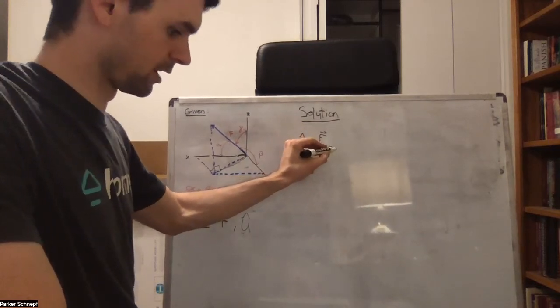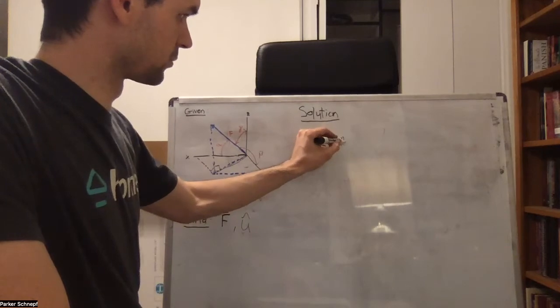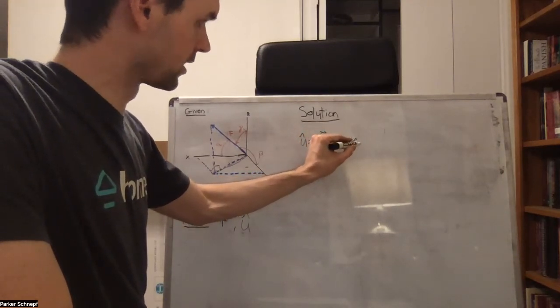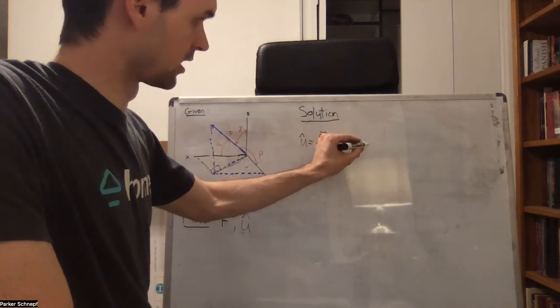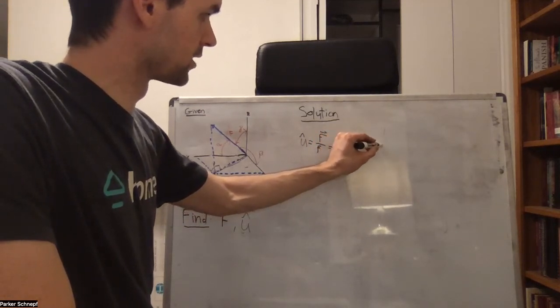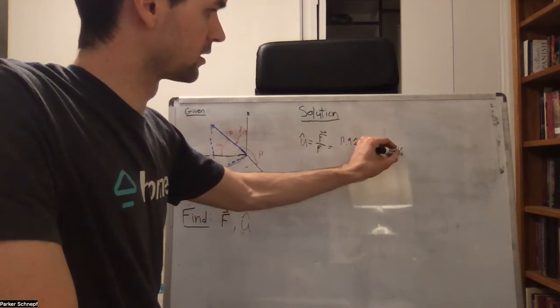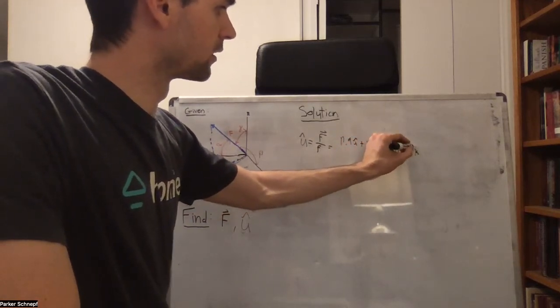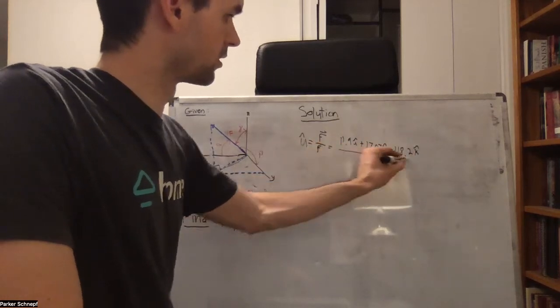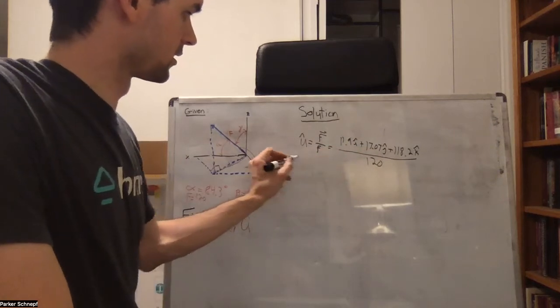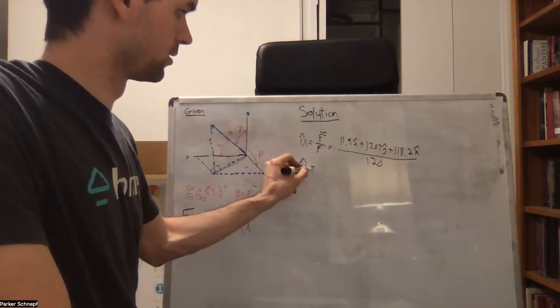We've already solved for the f vector a couple of times. We know that's 11.9 in the x direction, 17.07 in the y direction, and 118.2 in the z direction. And we divide that by 120.